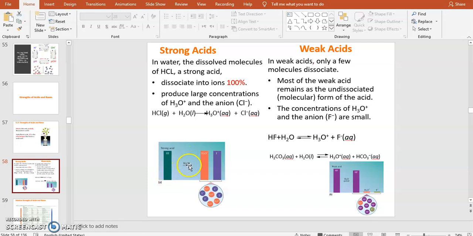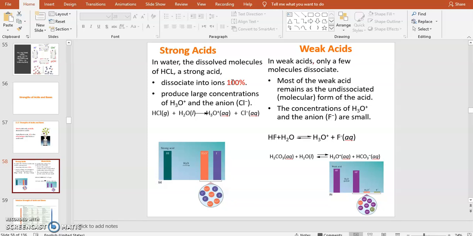You put HCl in water, and it will dissociate completely into negative and positive ions. The purple will be the chloride, and orange will be the hydronium ion. So this means that this is a strong acid, 100% dissociation in the water.